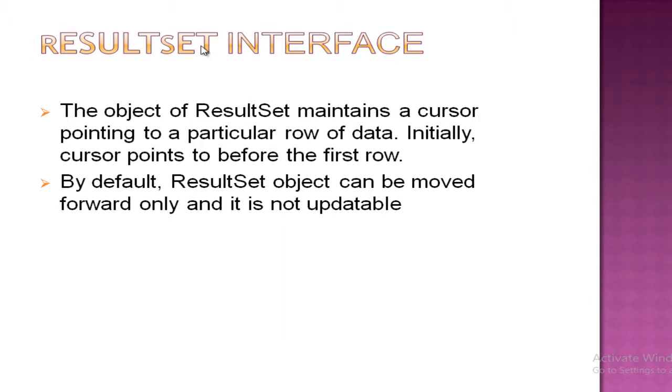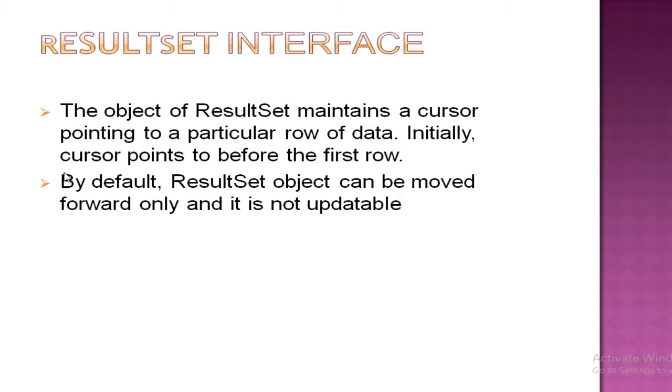Whatever query we have specified, for example select star from table name, is stored in the statement and executed. The ResultSet maintains the cursor pointing to a particular row of the data.